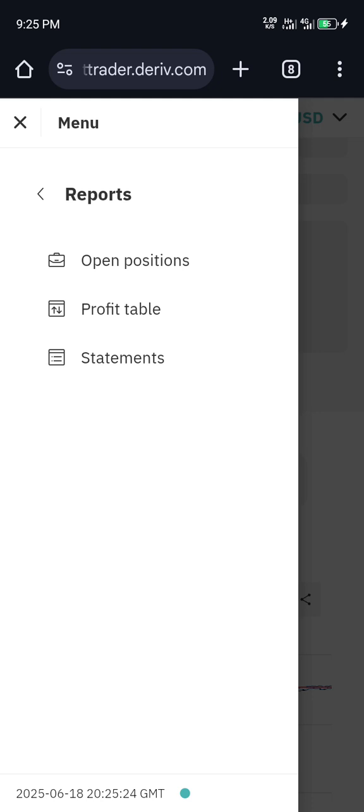Let's see open positions. Sometimes it occurs like that, so you must know how to go about that. You go to report, you check open positions. If the network allows you to open it, then you can redeem something from there. You see, I'm trying to open the position, but the network is giving me some challenge.